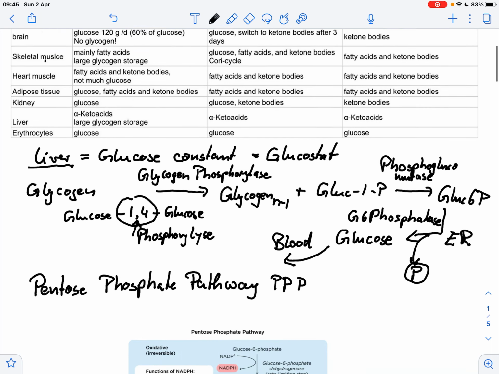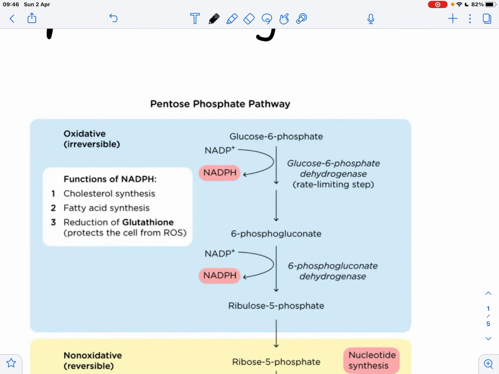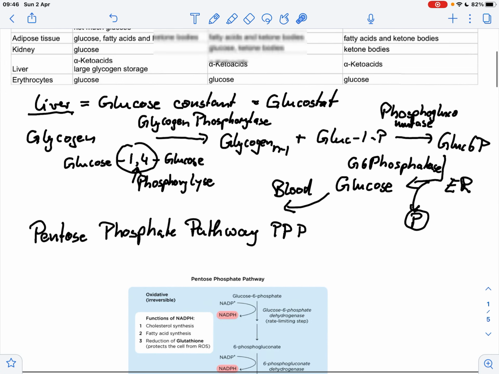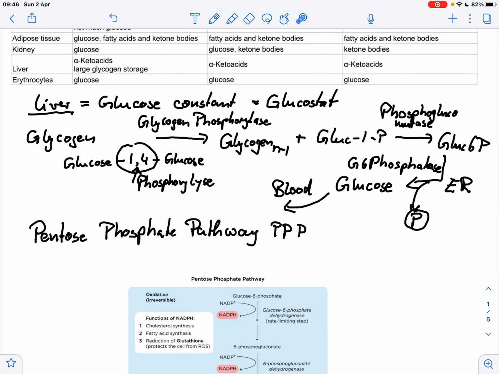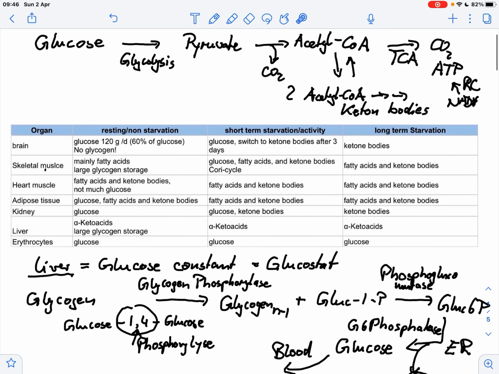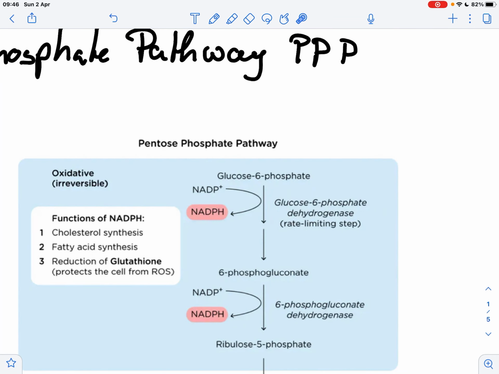And this pathway uses glucose 6-phosphate. So we start with glucose 6-phosphate here. But instead of going into glycolysis, as I described up here, with the conversion then to fructose and then pyruvate, this glucose 6-phosphate becomes oxidized by the enzyme glucose 6-phosphate dehydrogenase.